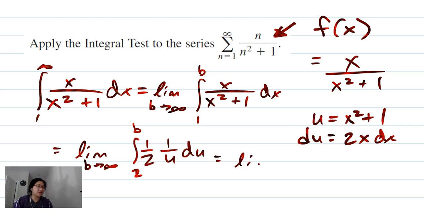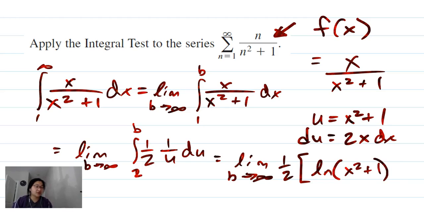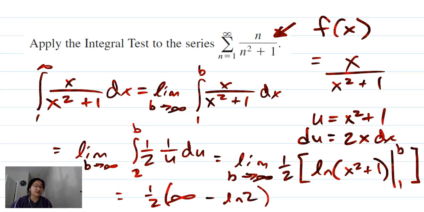So that's going to give us limit as b approaches infinity of, we'll factor out that 1/2, and this is a natural log of x squared plus 1, and that's back in terms of x's, whoops, sorry. But that's okay. So we get 1/2 natural log of x squared plus 1, where we get b is infinity. So we're ending up with infinity minus natural log of 2. So then this, I believe, diverges.